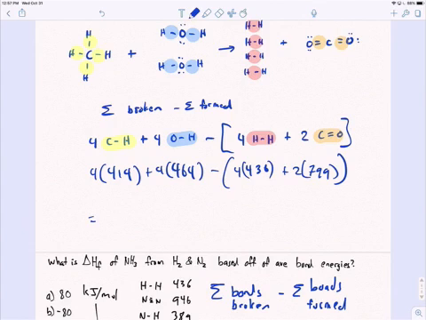That equals... Okay, calculator. Equals positive 170 kilojoules per mole reaction.